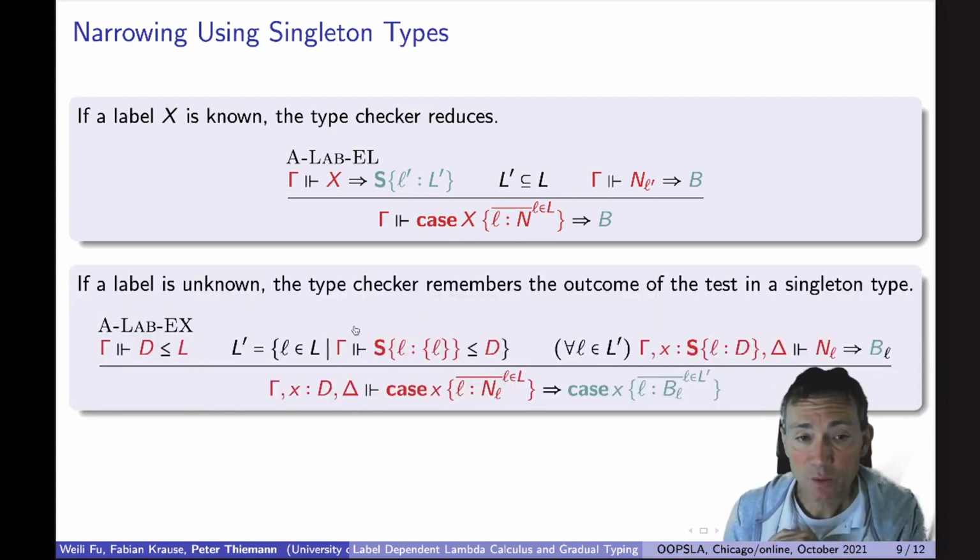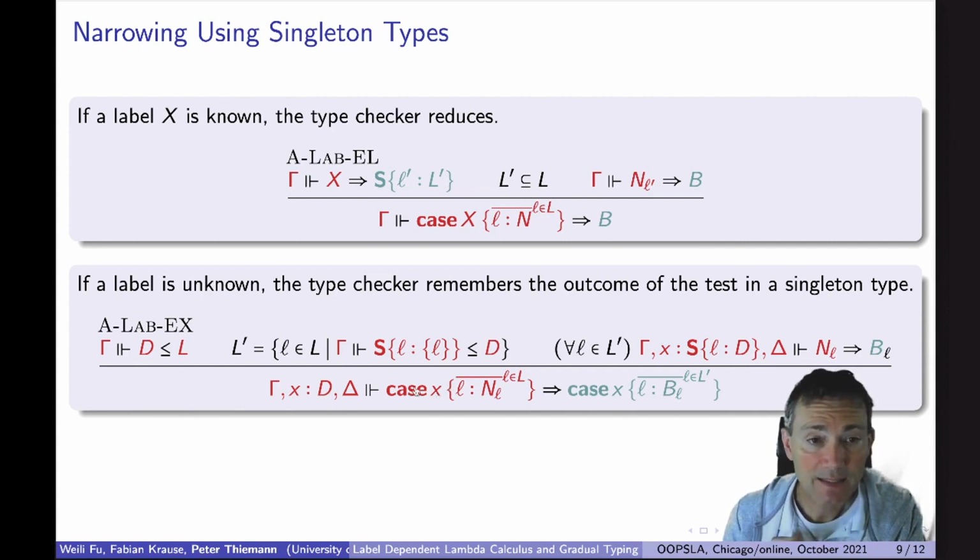If the label is unknown, then the type checker gathers information. So in this case, by exclusion, you can find out that if this rule here fails, then it must be that the case header here is a variable, and this type D here cannot be a singleton type anymore. Otherwise, the EL rule would fire.